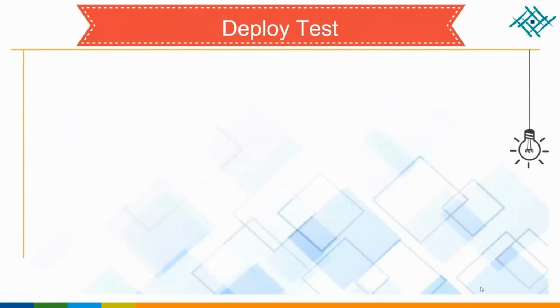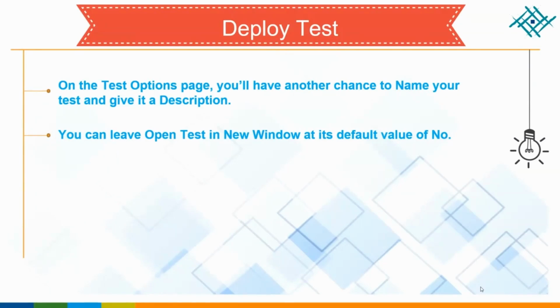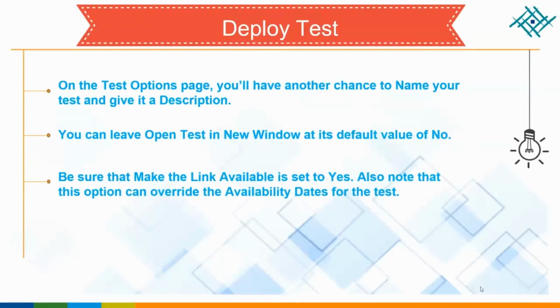On the test options page, you will have another chance to name your test and give it a description. You can leave open test in new window at its default value of no. Be sure that make the link available is set to yes. Also note that this option can override the availability dates for the test.